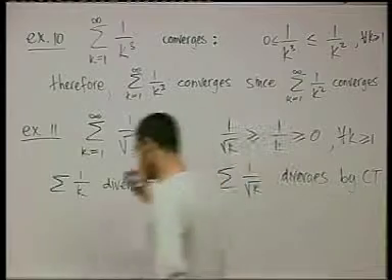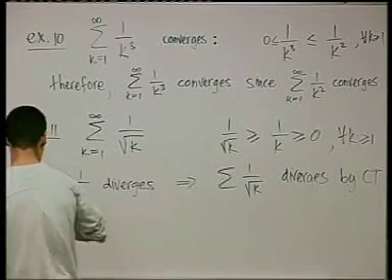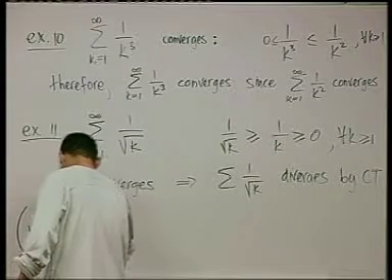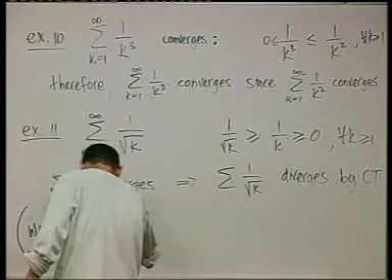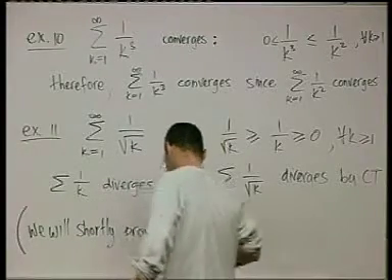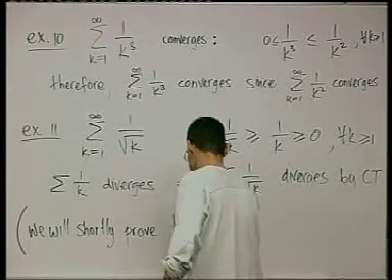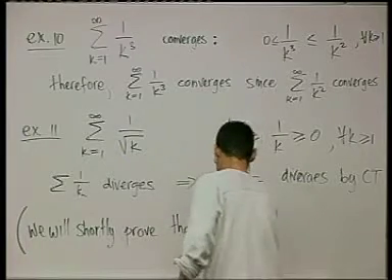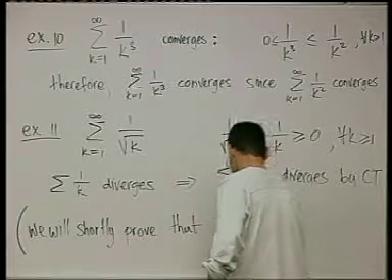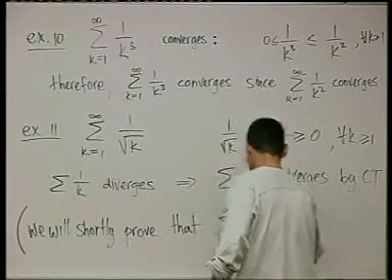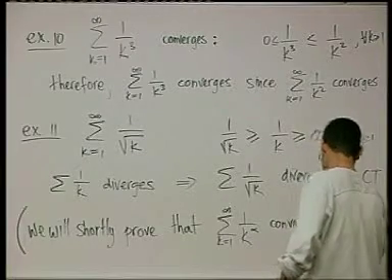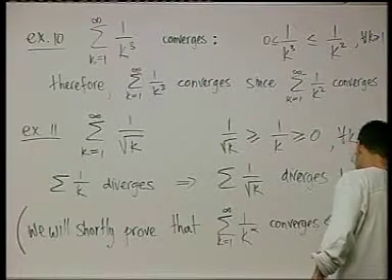Okay, so just so everybody is completely relaxed and calm, we will shortly prove that sigma 1 over k to the power alpha, k equals 1 to infinity, converges if and only if alpha is greater than 1.